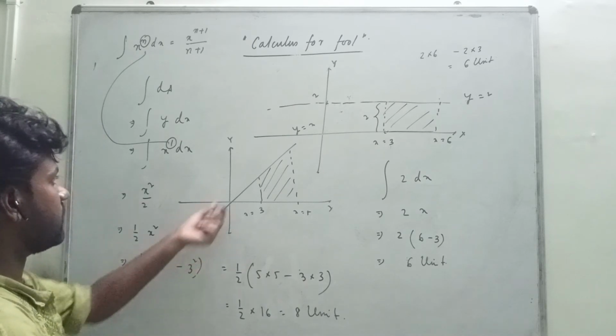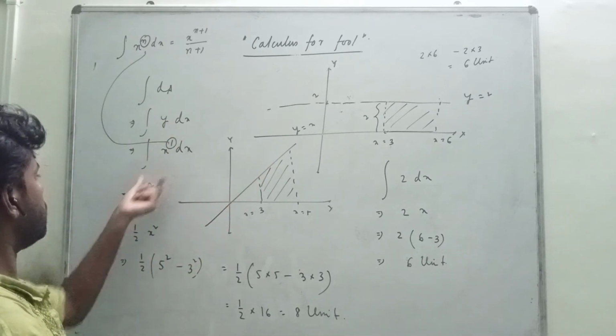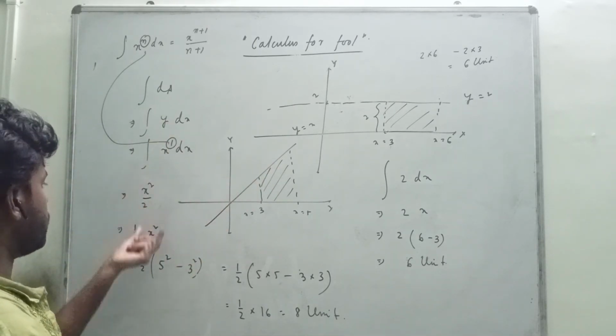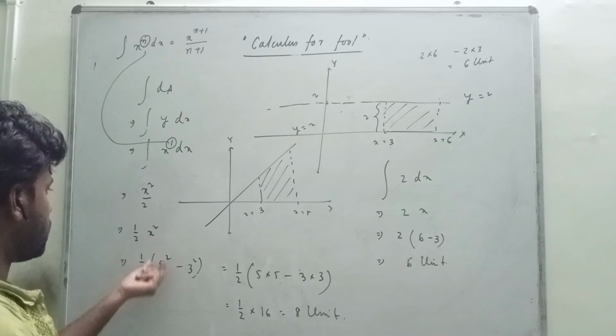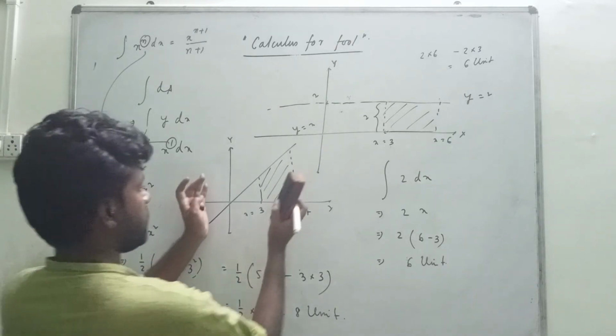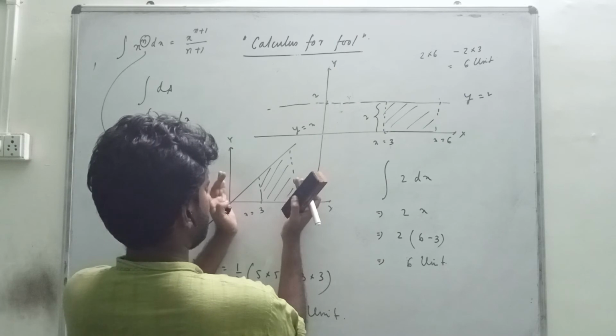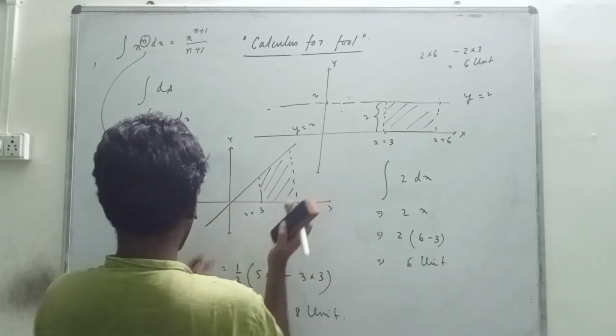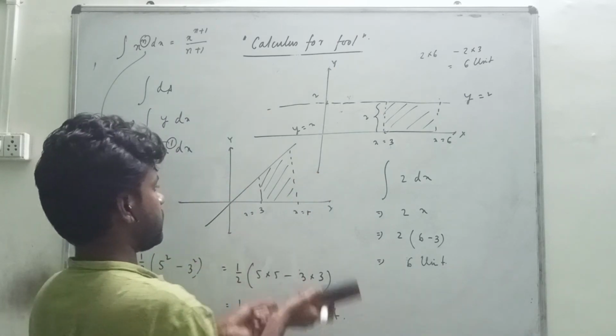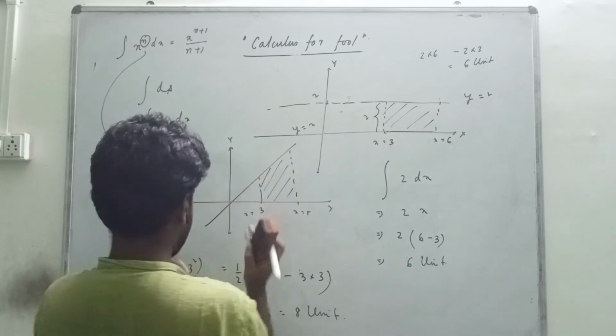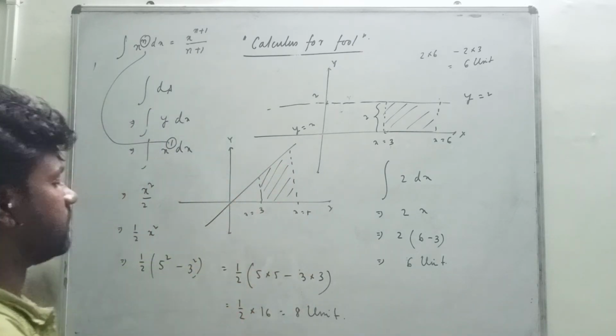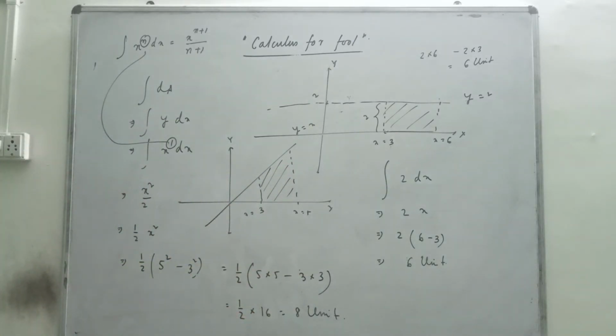So just y equals x, put it here, and this is x squared by 2. And x squared means, instead of x, just put the big x, 5, subtract the small x, 3, and you will get the same result, right?